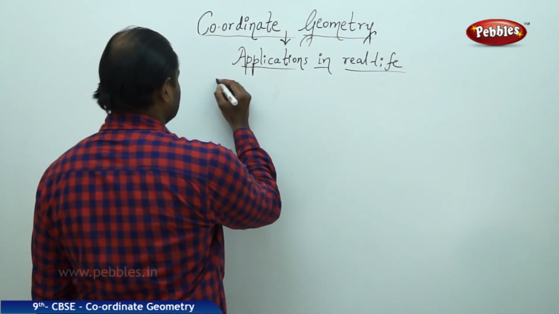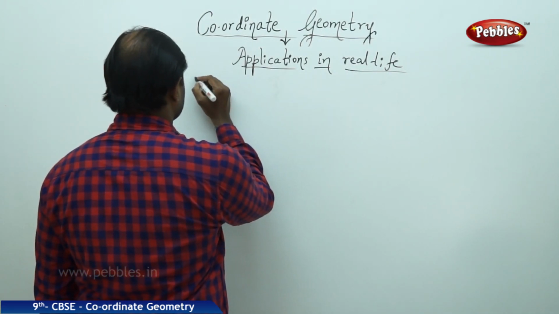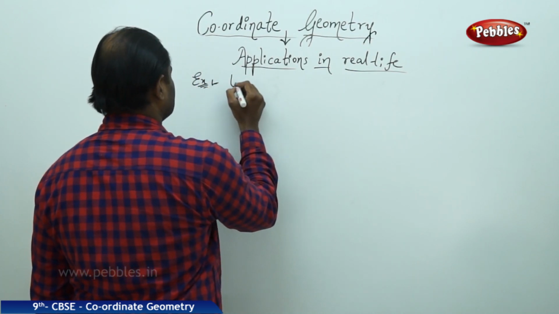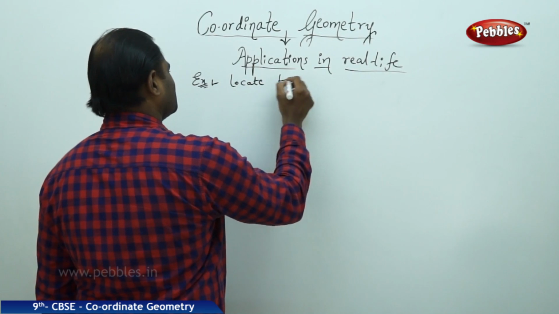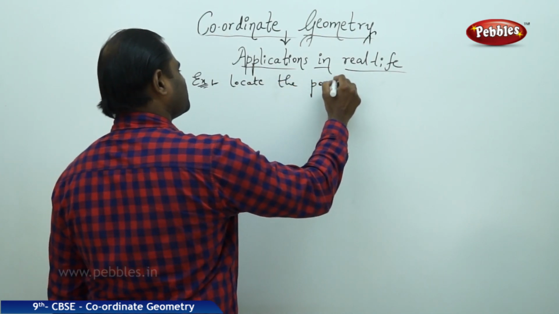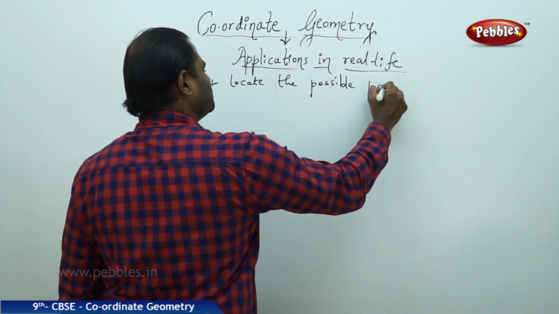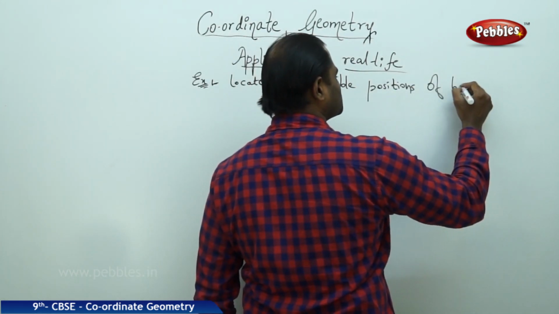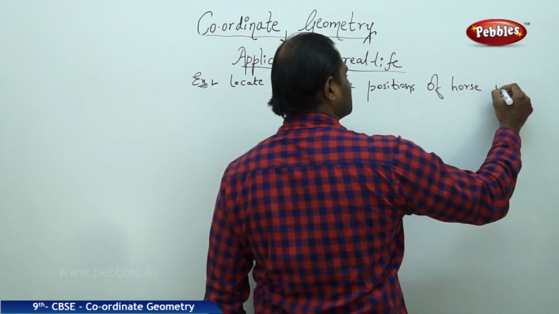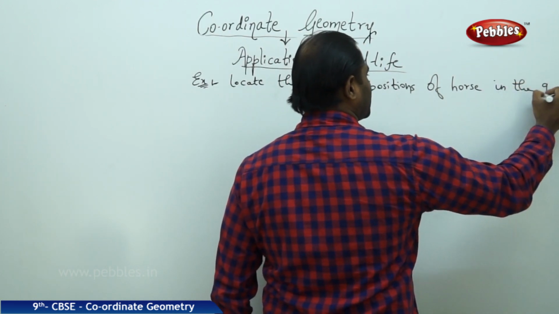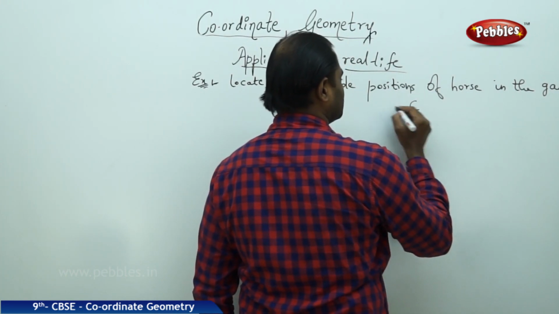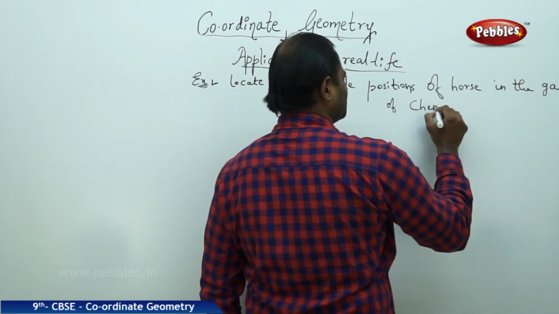For example, my question here says: locate the possible positions of horse in the game of chessboard.